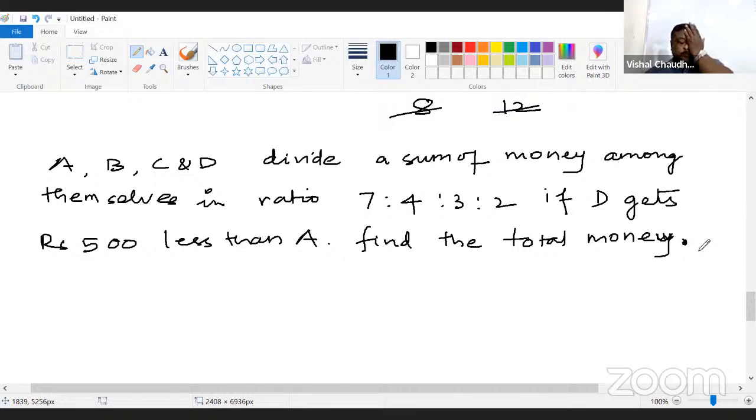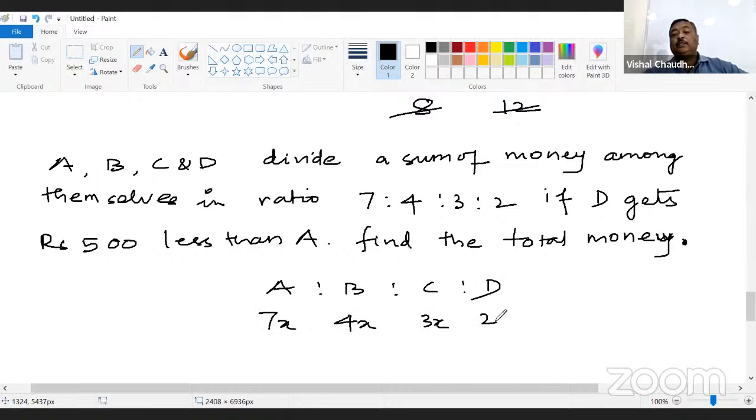Now see, we have A, B, C, D. 7 is to 4 is to 3 is to 2. So I will use the multiplying constant 7x, 4x, 3x, and 2x. Now D gets 500 less than A. So A minus D is 500. So 7x minus 2x is equal to 500, or 5x is equal to 500. The value of x is 100.